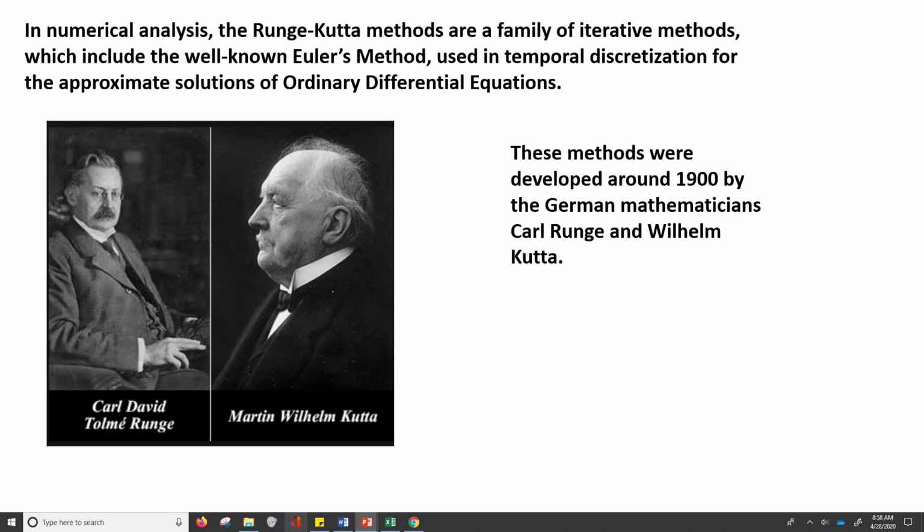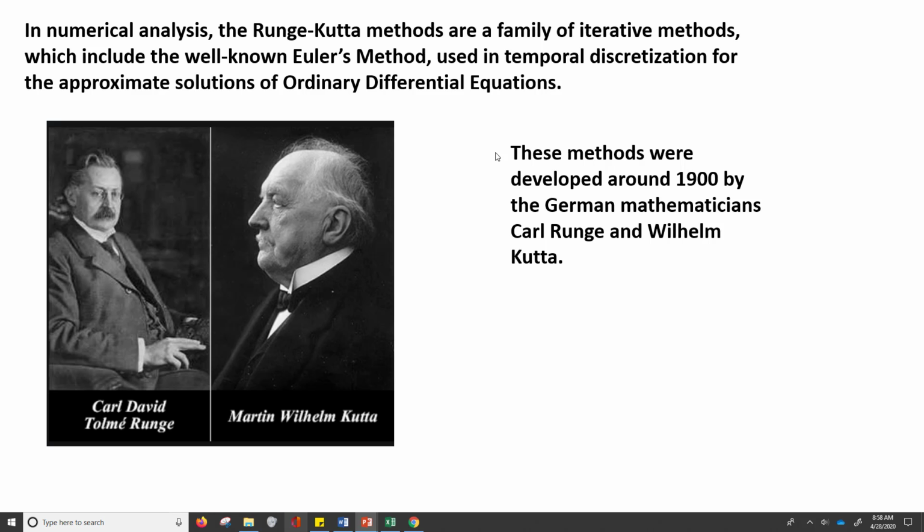So the Runge-Kutta method, or the RK method, is a family of iterative methods, which include Euler's method and improved Euler's method. Euler's method is known as the Runge-Kutta of order 1, because you only find one slope. Improved Euler's method is known as RK2, or Runge-Kutta of order 2. There's a Runge-Kutta of order 3. We're going to go over the Runge-Kutta method of order 4, which means we're going to find 4 slopes.